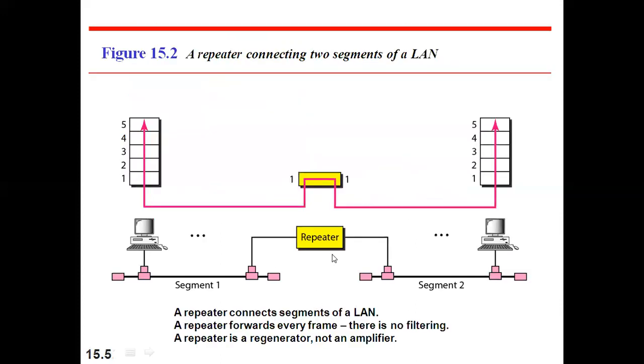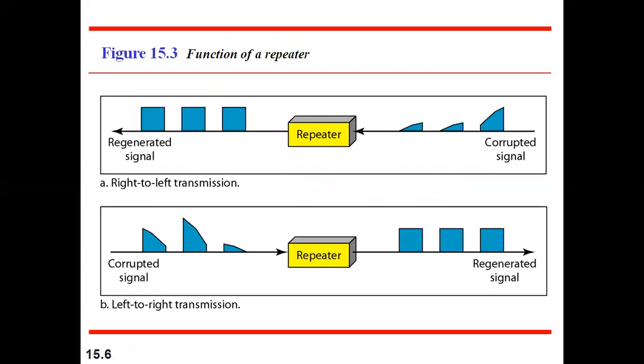So a repeater is nothing but a hub, but a hub is a multi-port repeater. A repeater is a 2-port; a hub is nothing but a multi-port repeater. So you have multiple ports. What is a repeater doing? It will just take the signals and give them back. It is generating the same signal, which is nothing but forwarding the message. That is the same job of a hub also.